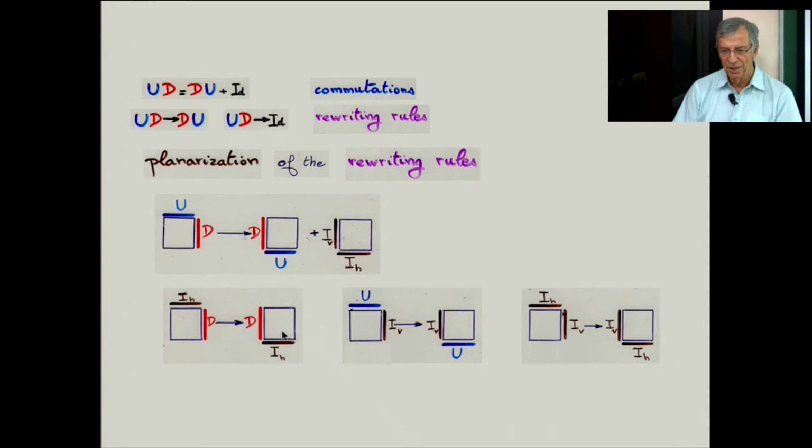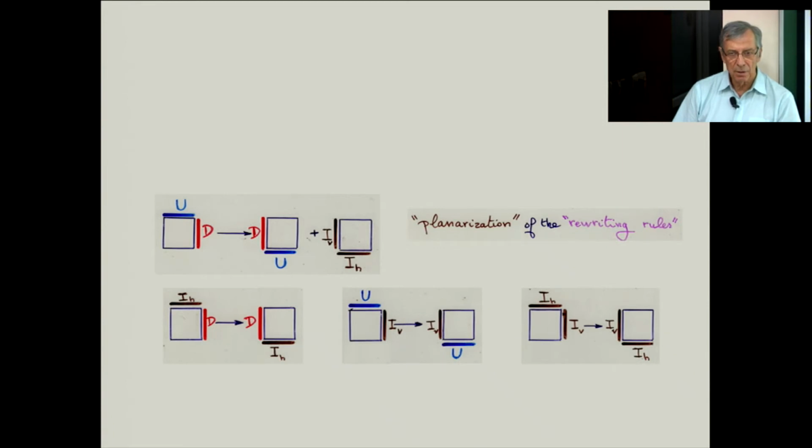So I am in fact introducing two more operators, vertical identity and horizontal identity. So I should also write the rewriting rule for the identity. Of course, identity multiplied by D is D times identity, and U multiplied by identity is identity multiplied by U. So I have introduced these more operators, this planarization of rewriting rule with identity.